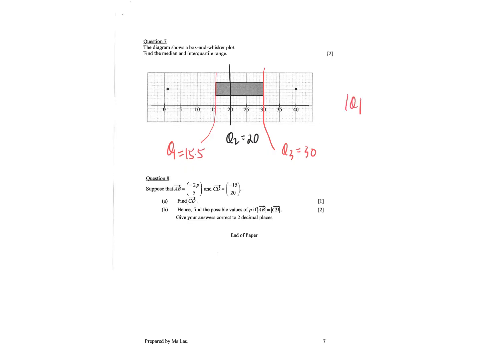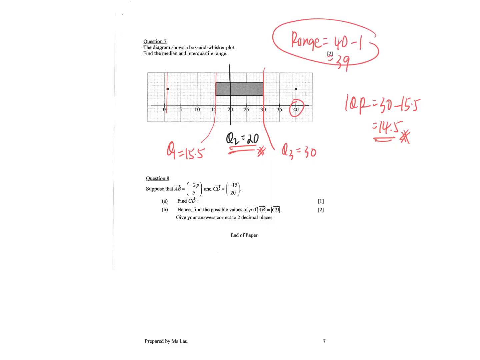To find IQR, you use 30 minus 15.5, so you get 14.5. If I ask for range, you use maximum minus minimum. So 40 minus 1 is 39. You must know what all this data means.